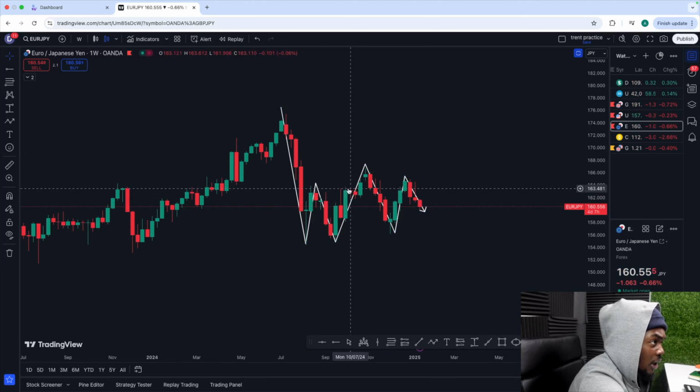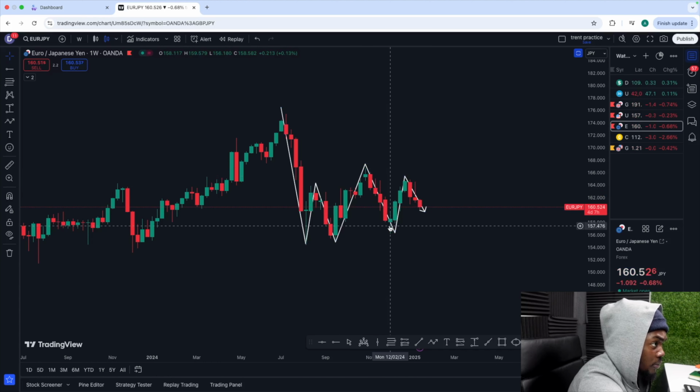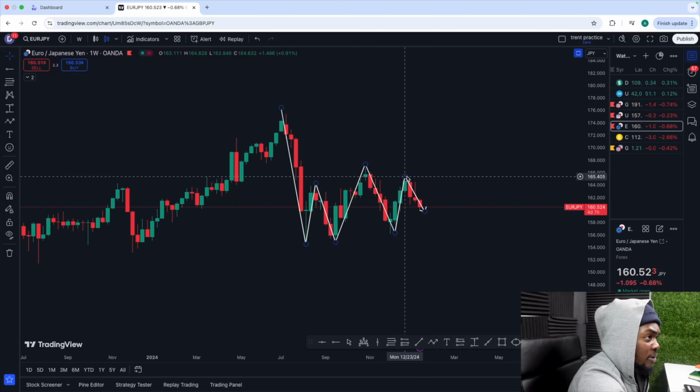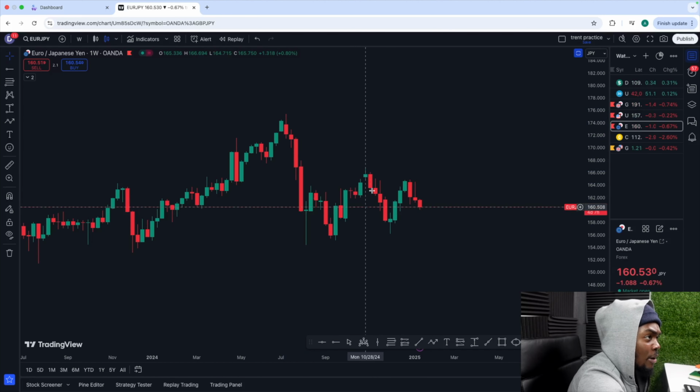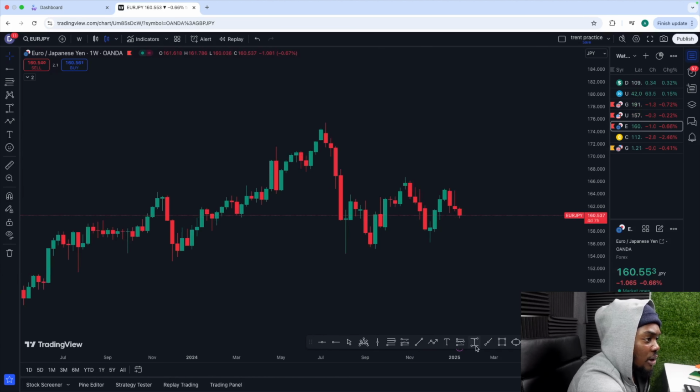Price makes a higher high, comes back, makes a lower high, comes back, makes a high. So to me, the market is still bullish, but the structure may have changed. And the structure changed right here in this area.